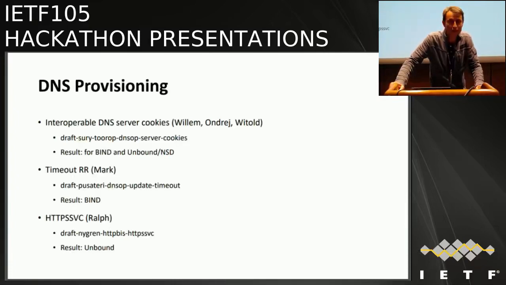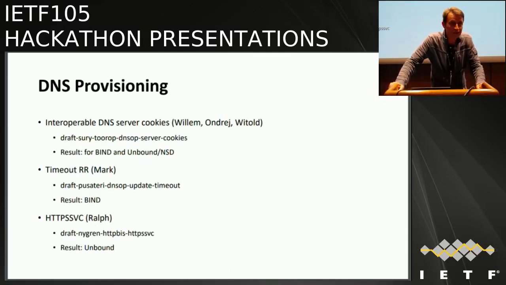So if you want to do something with Anycast and you don't want to create a plasma gun for DDoS attacks, you want to have an Anycast open resolver with something like a DNS server cookie. So you protect your open recursor from DDoS attacks with spoofed addresses. This is implemented in BIND, Unbound and NSD.